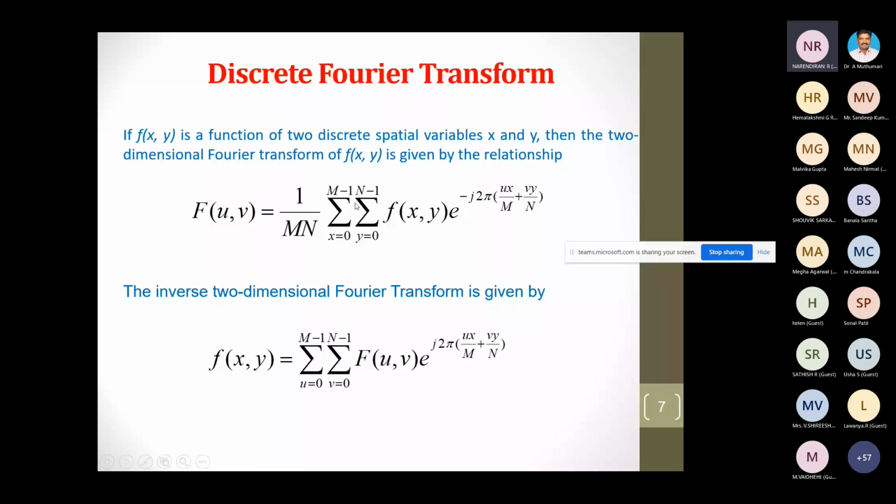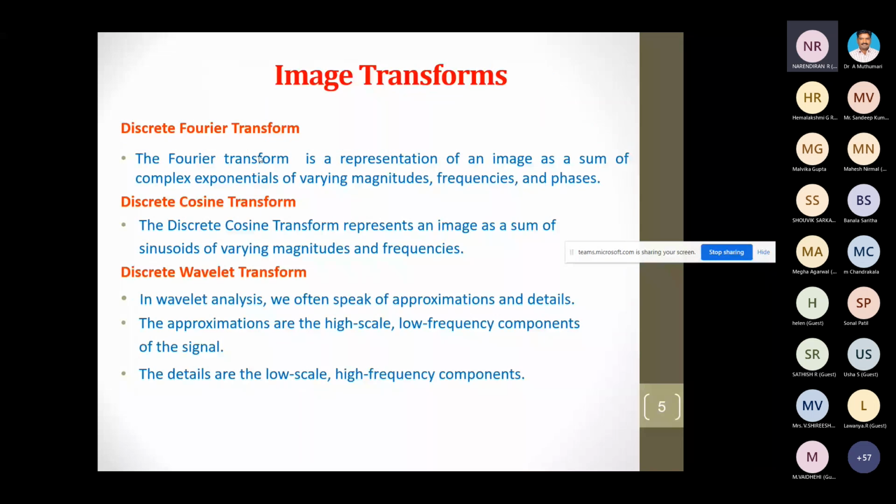Similarly, the definition of the discrete cosine transform is that it is the representation of an image as a sum of sinusoids of varying magnitudes and frequencies. The Fourier transform is a summation of complex exponentials, right?